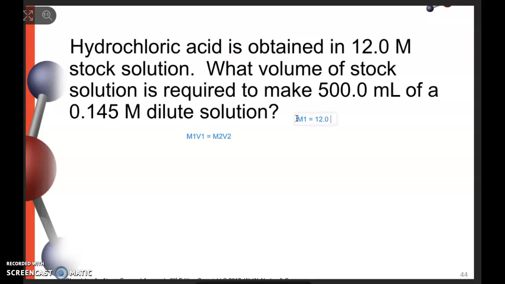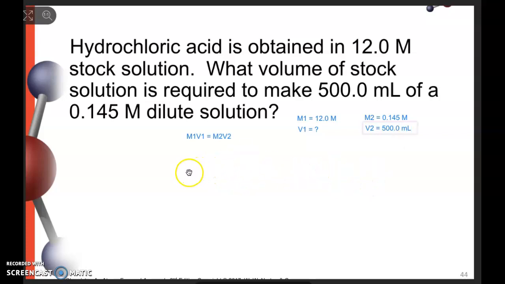M1 is 12.0 molar. It's the stock solution concentration. I don't know what V1 is. That's what we're trying to find out. But on the flip side, I do know M2, I want this to be 0.145 molar, and I know V2, I want 500 milliliters of the stuff.